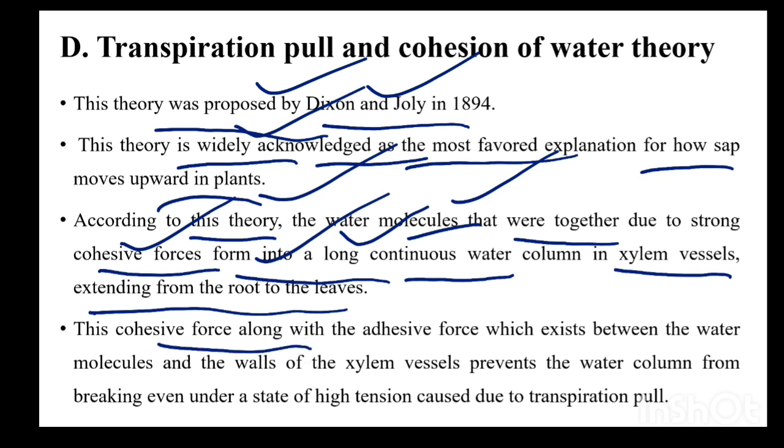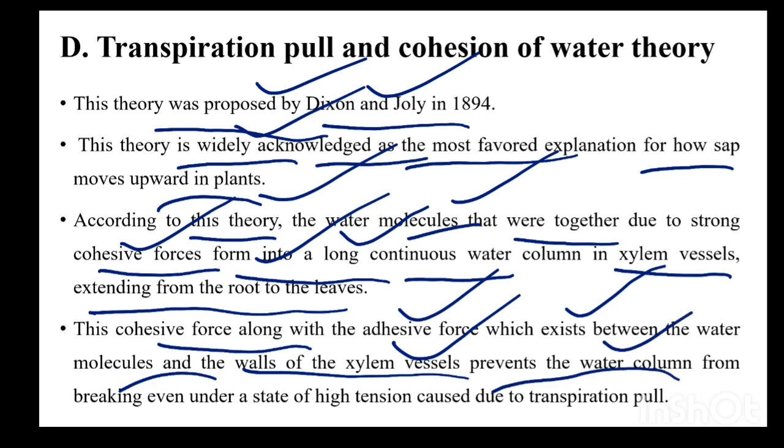This cohesive force along with adhesive force existing between the water molecules and walls of xylem vessels prevents the water column from breaking even under a state of high tension caused due to transpiration pull.